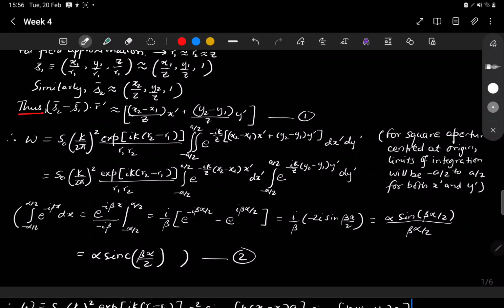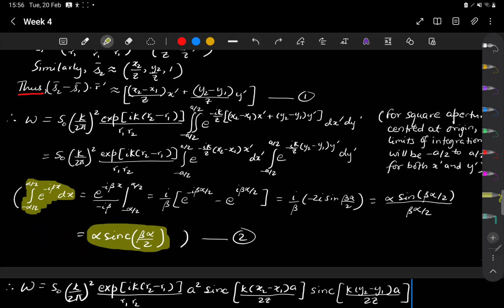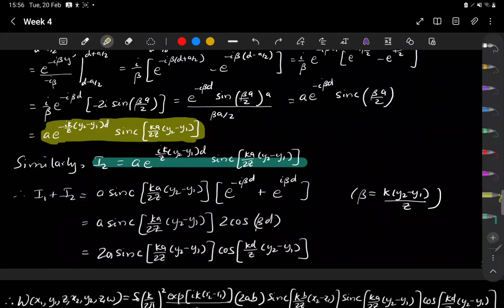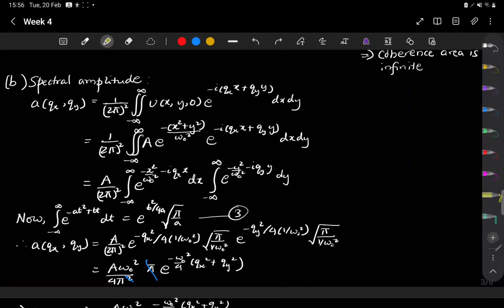So there are two integrals which are really important, and let me highlight them for you. One is this integral which gives this sinc function. This is easily evaluated, and the other is the Gaussian integral. Where is it? Over here. This you should actually memorize. This comes from the beta gamma functions.